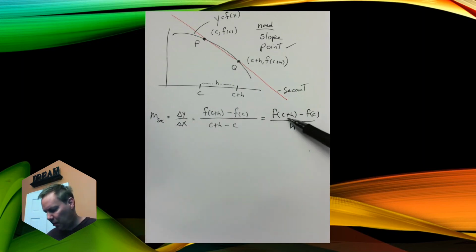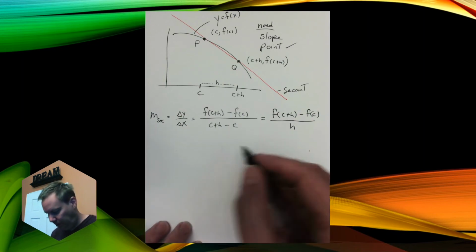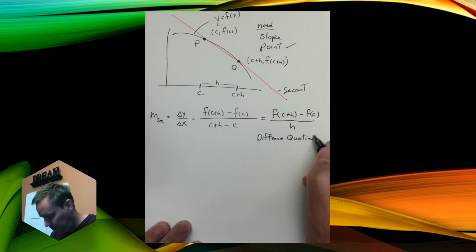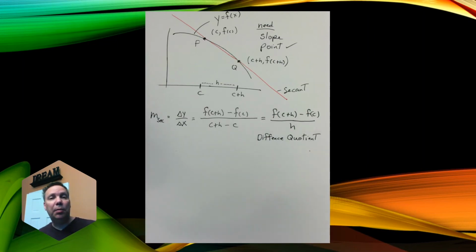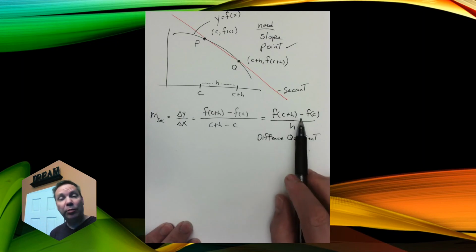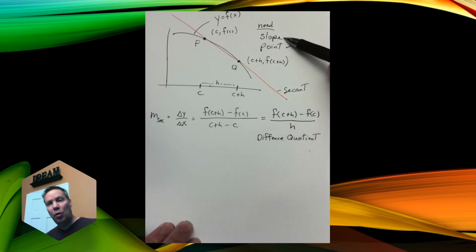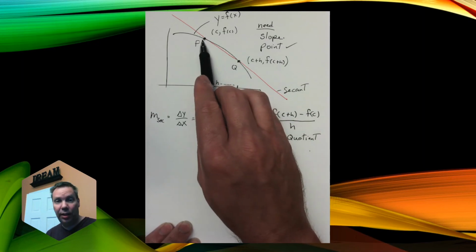This particular expression is called a difference quotient, and it is one of the building blocks in calculus. In the next video, I would like to talk about how to use this to actually generate the slope of the tangent line at P.